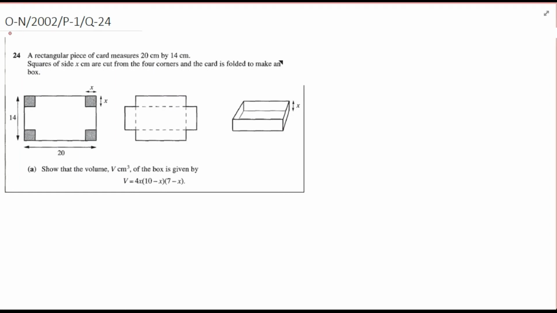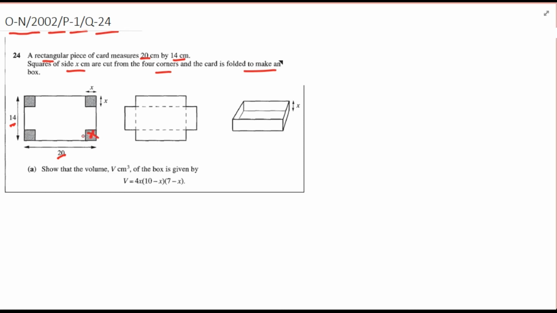Next question is October-November 2002, paper 1, question number 24. A rectangular piece of card measures 20 centimeters by 14 centimeters as shown. Squares of side x centimeters are cut from the 4 corners and the card is folded to make a box.